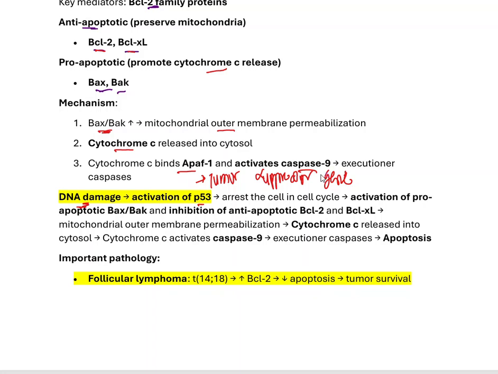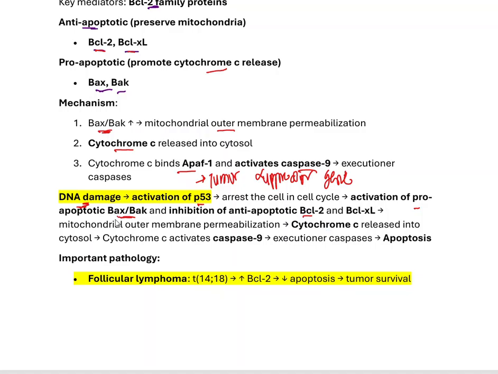And if we can repair the DNA, or if the damage to the DNA is so severe that we can't repair it, then guess what p53 is going to do? The p53 is going to activate the pro-apoptotic genes, which are BAX and BAK, and it's going to inhibit the anti-apoptotic genes, which are BCL2 and BCL-XL.